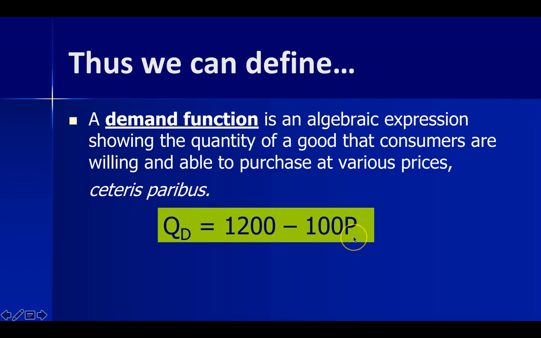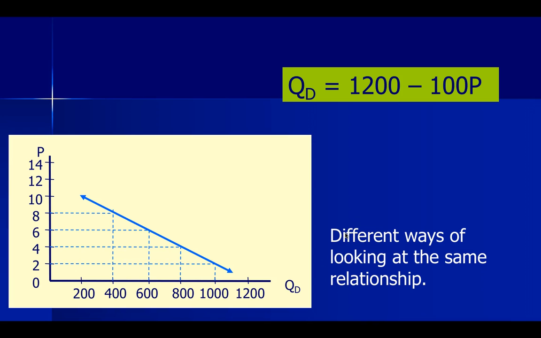If we put 8 in for price here, 8 times 100 would be 800, 1200 minus 800 would be 400 units. So when price is $8, consumers demand 400 units. If we put 6 in for price, 6 times 100 is 600, 1200 minus 600 is 600 units, and so on. So these really are just different ways of looking at the same relationship between price and quantity demanded.